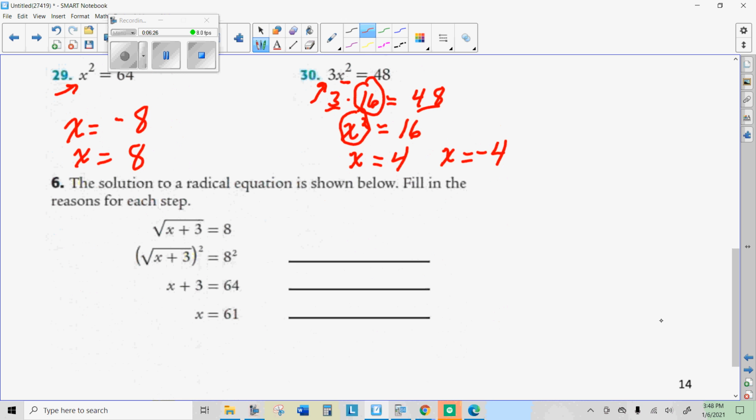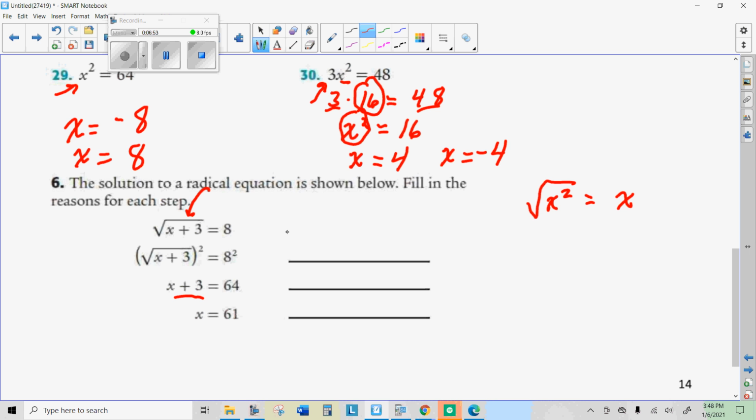So this is showing the undoing process for finding the answer. To undo a square root, you multiply the number by itself. Remember doing this earlier? The square root of x squared is equal to x. Okay, so if you square it, you'll actually get rid of that square root and just end up with what's in the square root.